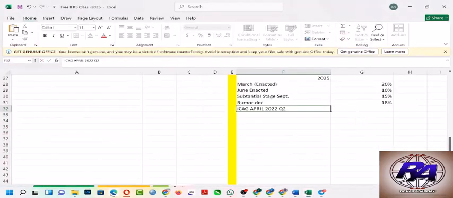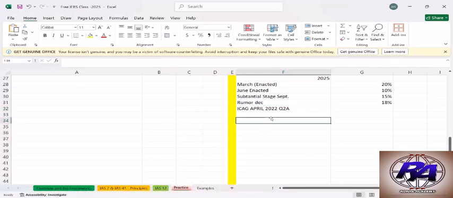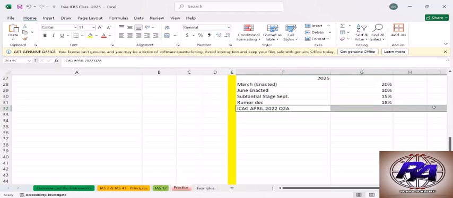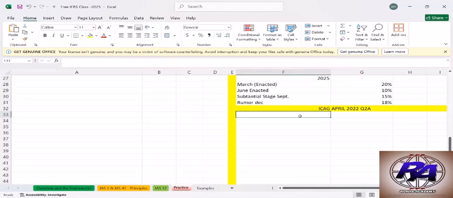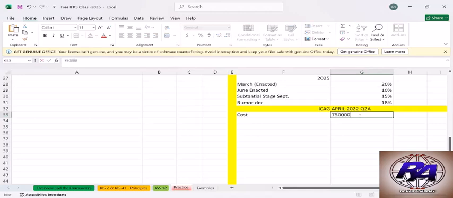Question 2A, right? Okay, so what's the cost of the asset? The cost of the asset is 750,000. This should be the figure.